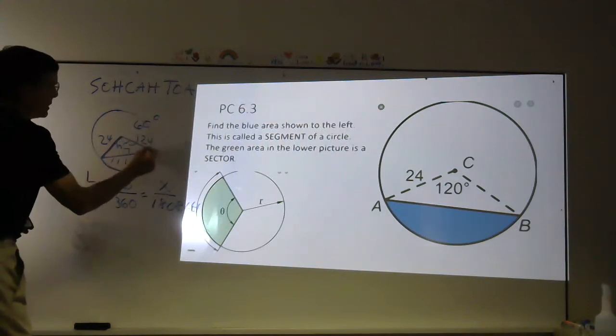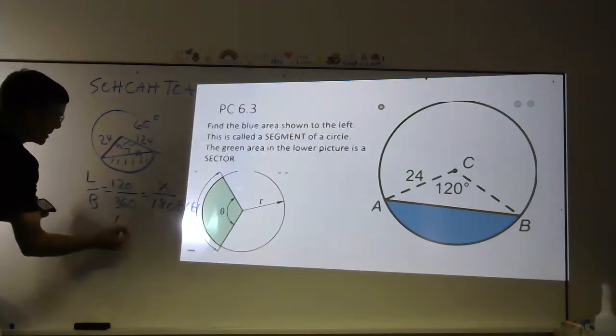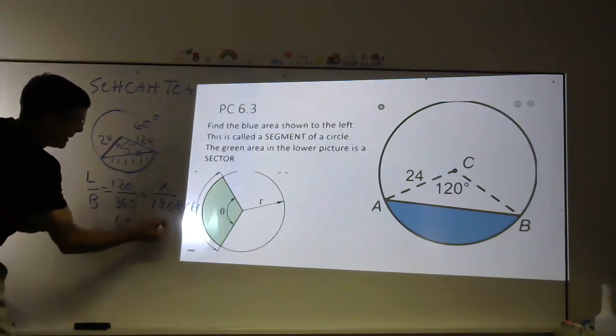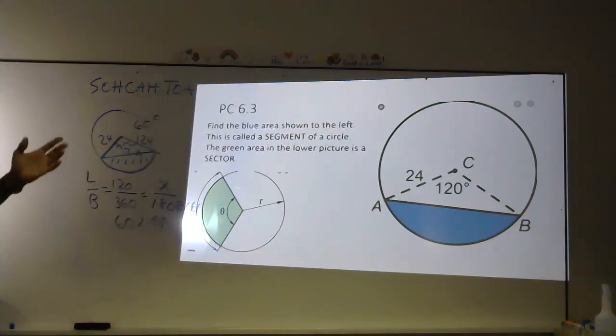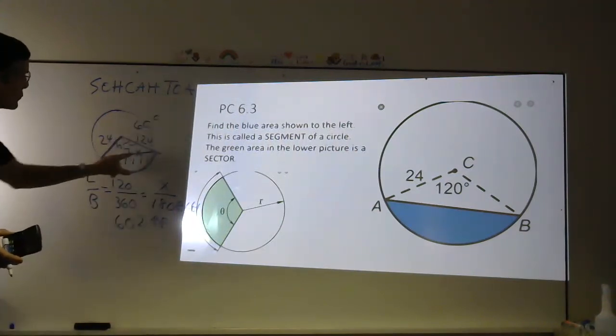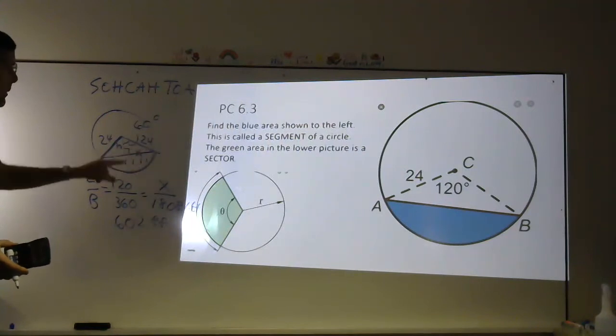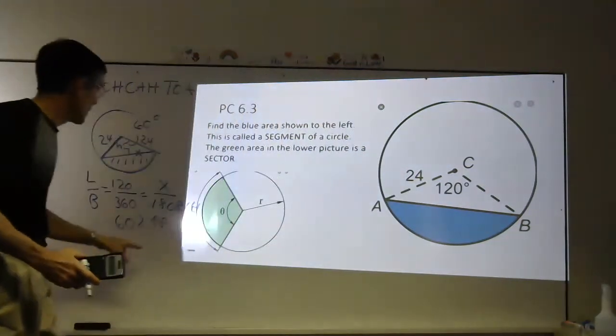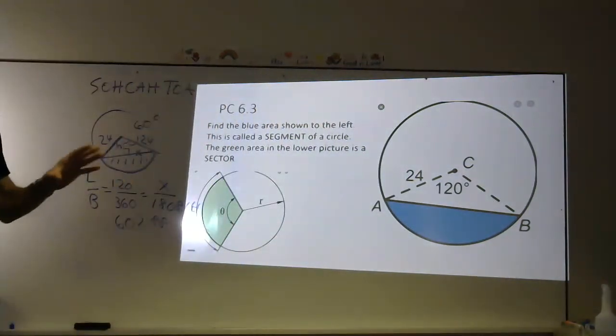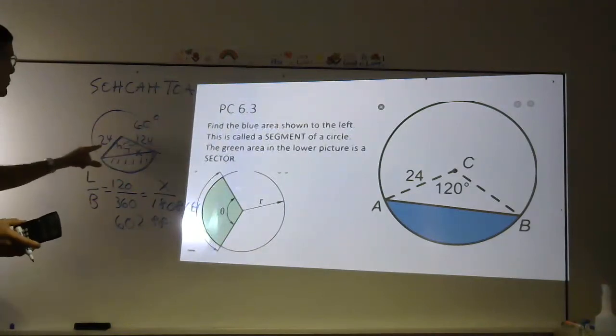This whole region here is 602.88. Now, if I can find the area of the triangle, that white region, I can subtract it off and get just the blue. So I need to find this triangle.